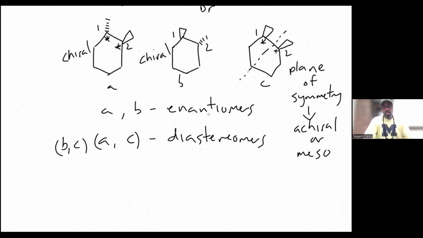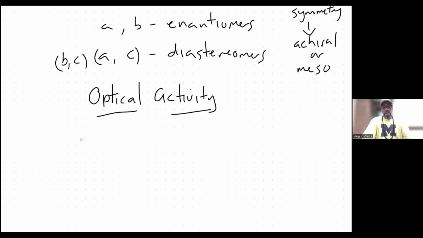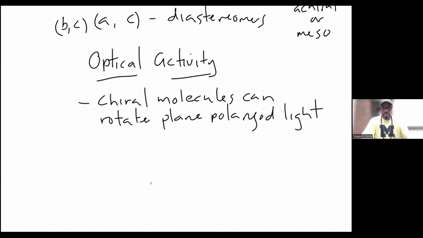And one of them is called optical activity. With optical activity, basically, chiral molecules can rotate plane polarized light. So your enantiomers will rotate plane polarized light.